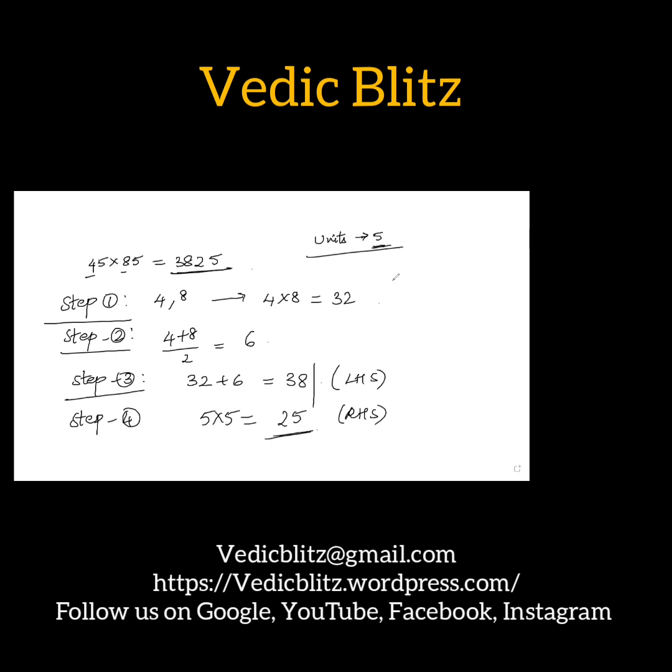Here you can have different differences, there is no particular difference. Okay, ma'am. But in this technique, if one of the numbers has an odd digit at the tens place, then the calculation differs a bit. Yeah, I'll show you that also.